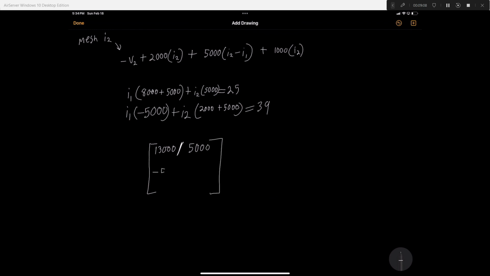Negative 5,000 here, and then 7,000. Then we'll have our variables here, I1, I2. Since we have I1 the first one and I2 the second one, and the way we have it set up, that is how our variables are listed, equal to the matrix on the right, our constants 25, 39.